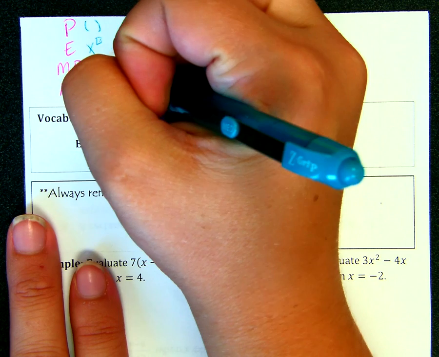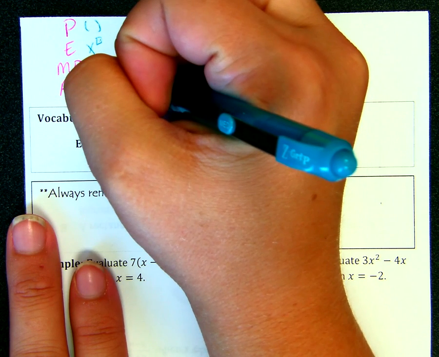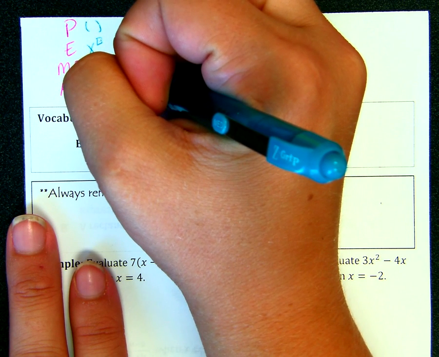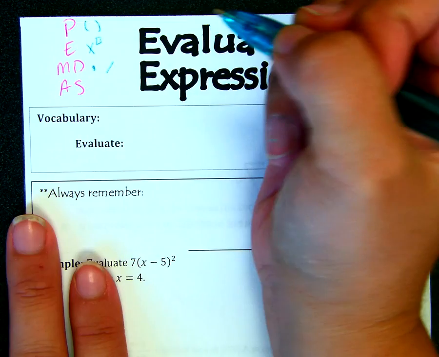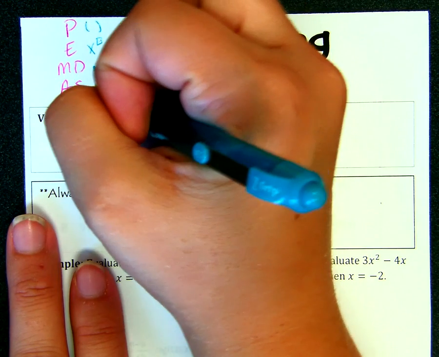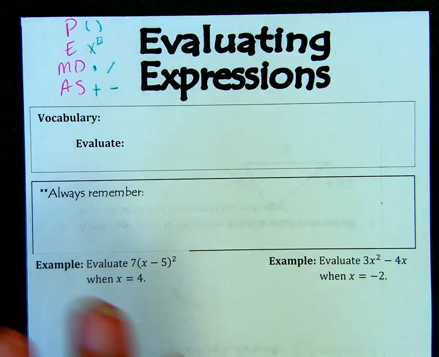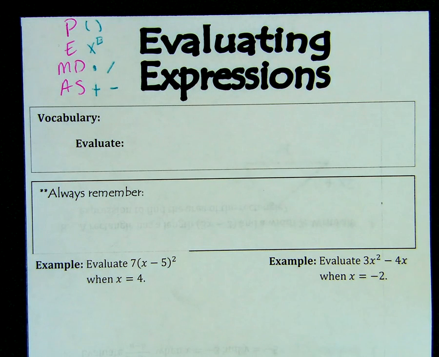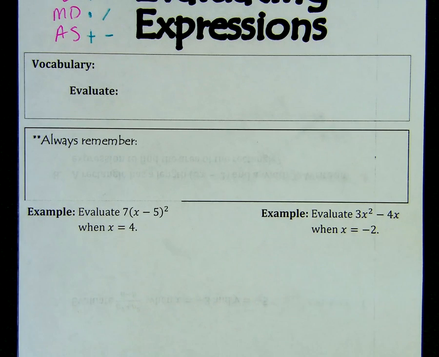M is for multiplication. D is for division, so we can do division as a slash. A is for addition, and S is for subtraction. So that's the order you solve your expressions when it comes to evaluating expressions.